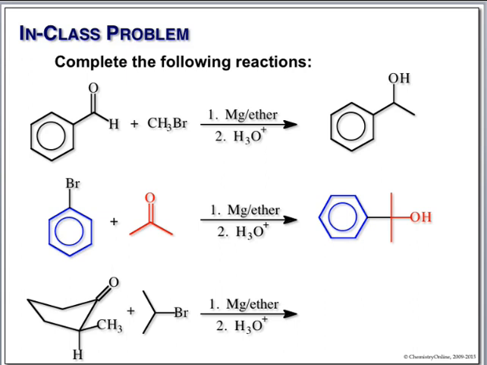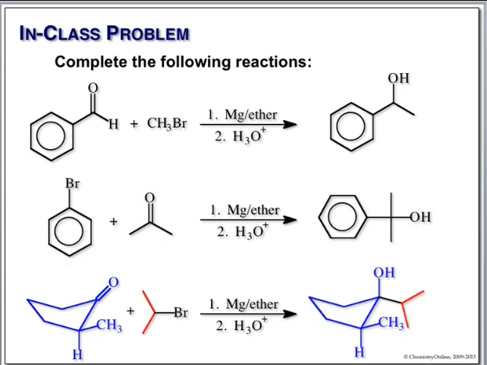Our last one here, we have 2-bromopropane. So we're going to make an anion at our carbon number 2 of the chain. That's going to attack the carbonyl. That's magnesium and ether. Our product would look something like this.